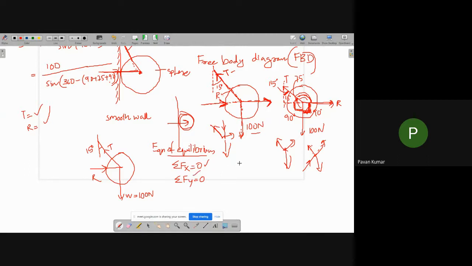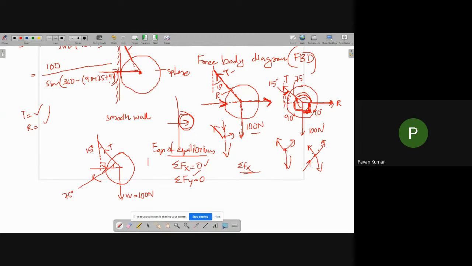So first we can find sigma Fx for this problem. This angle is 15, so this will be 90 minus 15, which is 75 degrees.